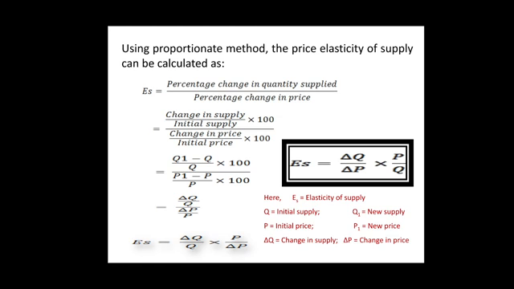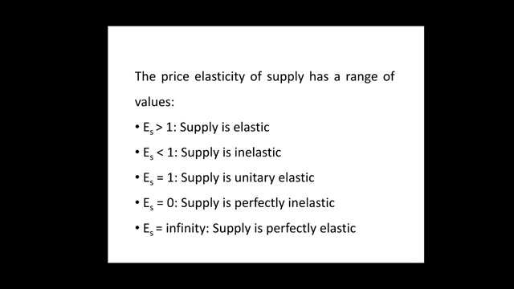Which means that the value of elasticity of supply ranges between 0 to infinite. Dear students, for all the commodities, the value of elasticity of supply cannot be same. For some commodities, the value may be greater than 1 or less than 1. Its value can also be equal to 1 or equal to 0 or equal to infinite.